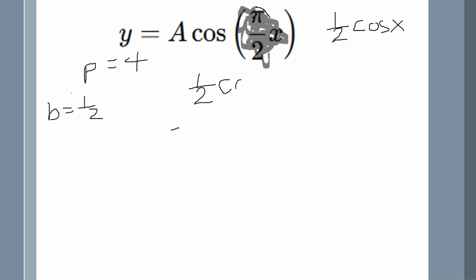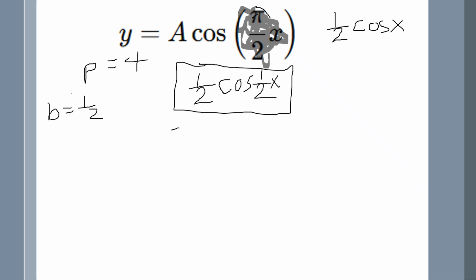And they said for the period to be 4. But we use b because it's cosine bx, and that b becomes 1/2. That's how we're able to figure out our equation. So that's how you do that, y'all.